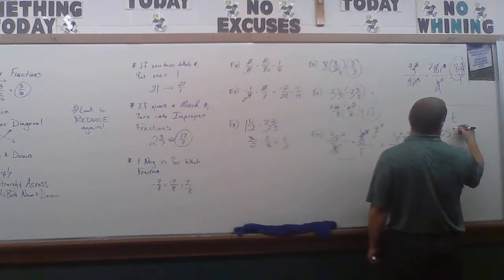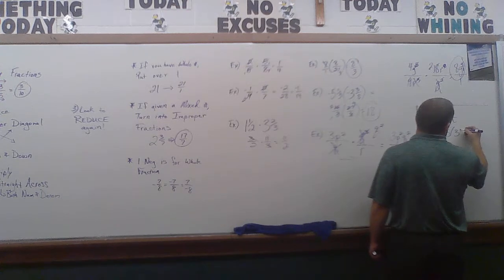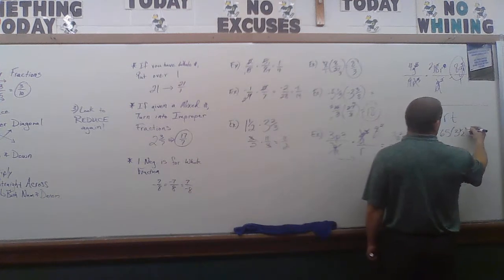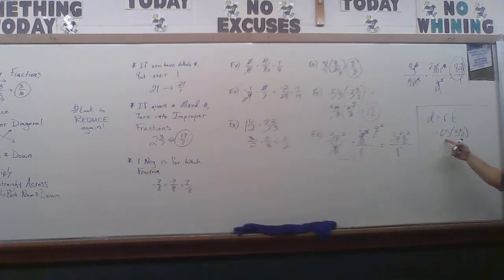Remember, RT means that I'm multiplying, and then I'm looking for a distance. Now, what rate does 65 represent? Miles per hour, right? And what was our time given to us in?